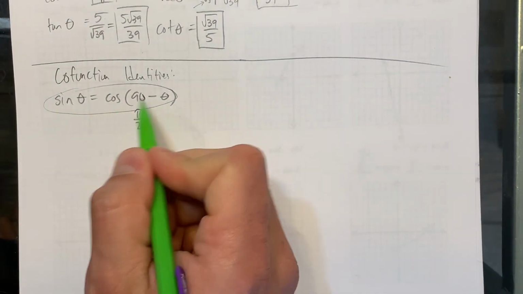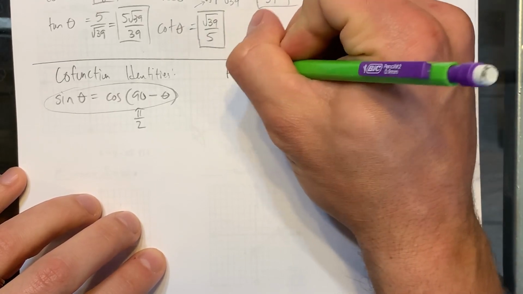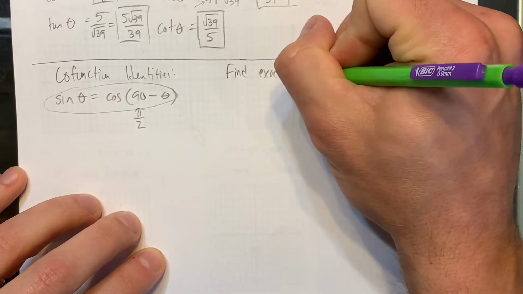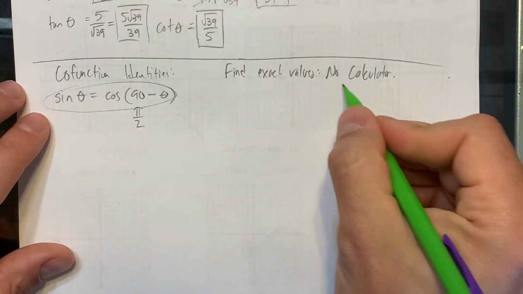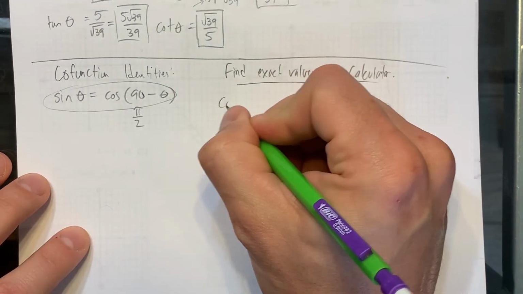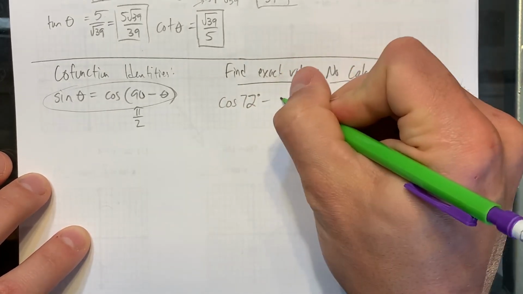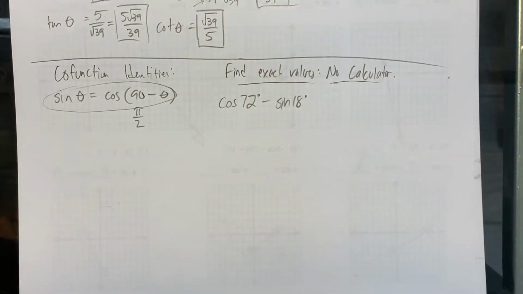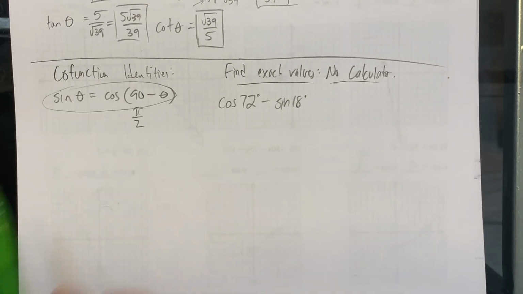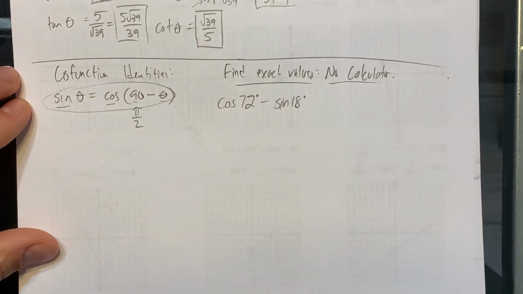So if we keep this in mind when trying to evaluate some of these, what we want to do here is find exact values, no calculator allowed. I'll give you 2 examples and we can mess around with some of these in just a moment. My first example is cosine of 72 degrees minus sine of 18 degrees. My cofunction identity says that sine of an angle is equal to cosine of 90 minus that angle.